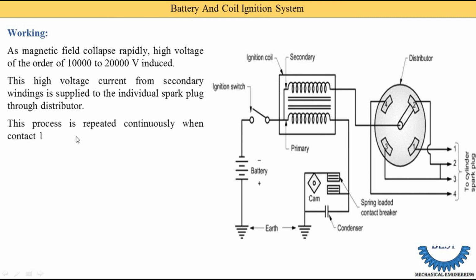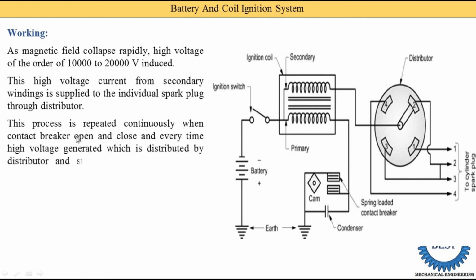This process is repeated continuously as the contact breaker opens and closes, and every time high voltage is generated, which is distributed by the distributor and supplied to each spark plug according to the firing order.